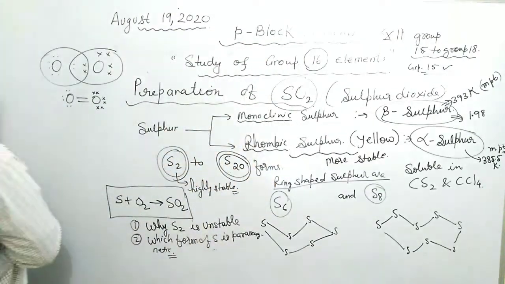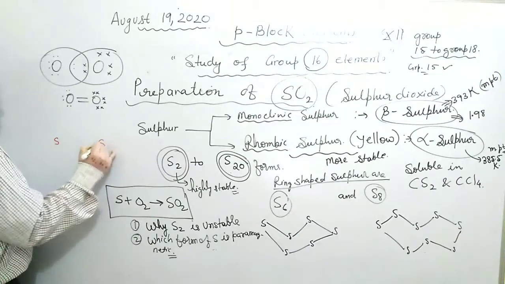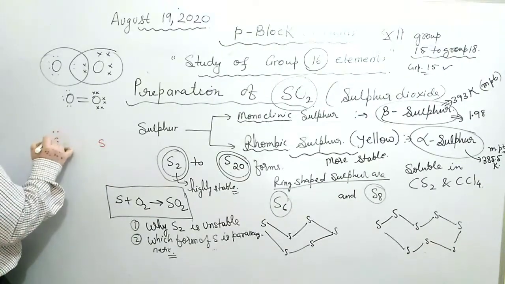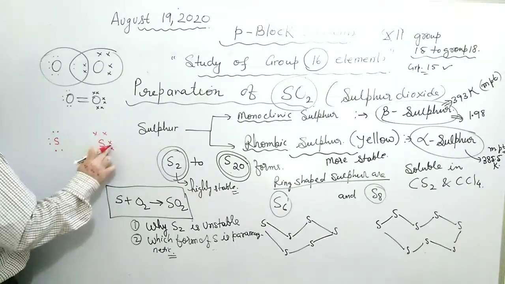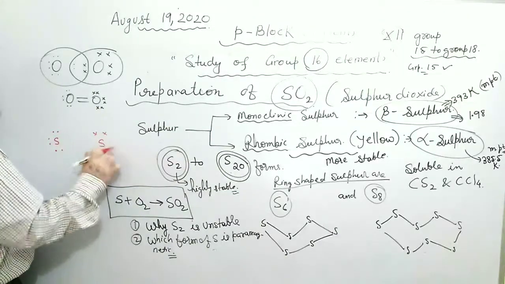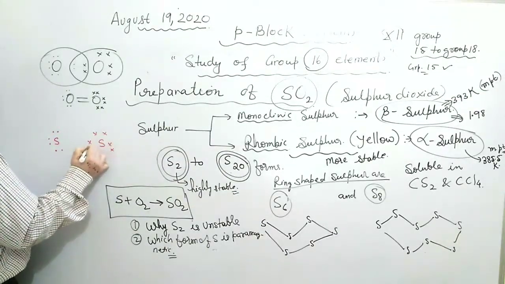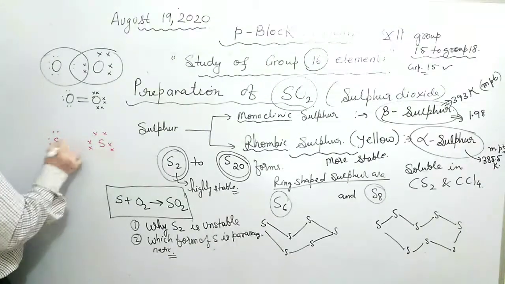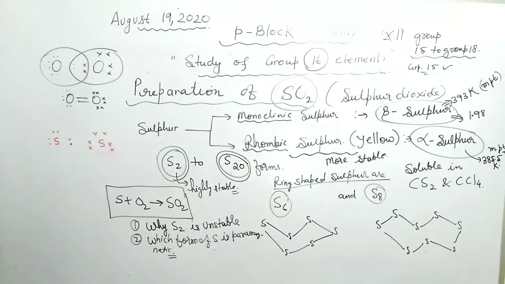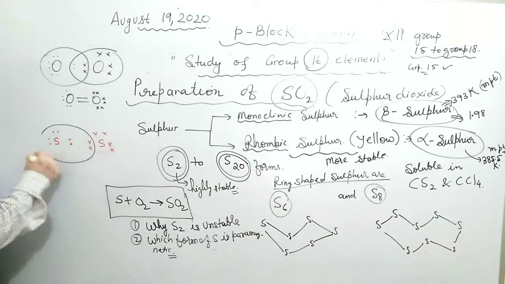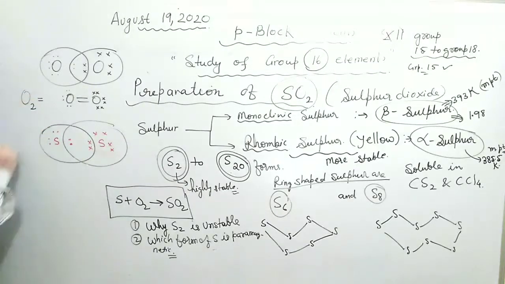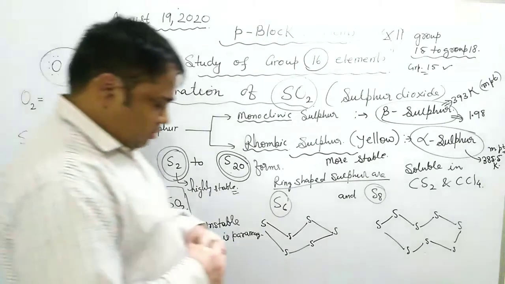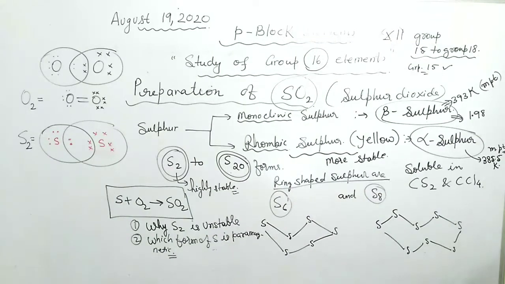For sulfur also we will expect like this only. One sulfur, another sulfur, with 6 electrons in the outermost shell. So it can also form S2, just like it can form O2. So why is S2 unstable whereas O2 is stable?